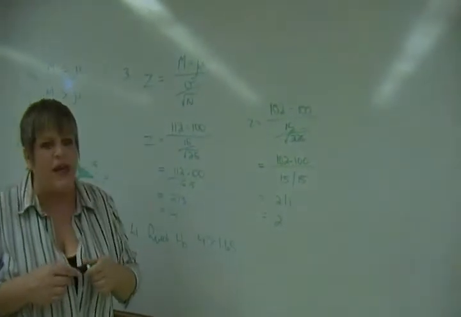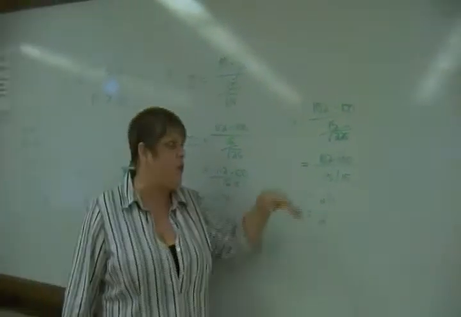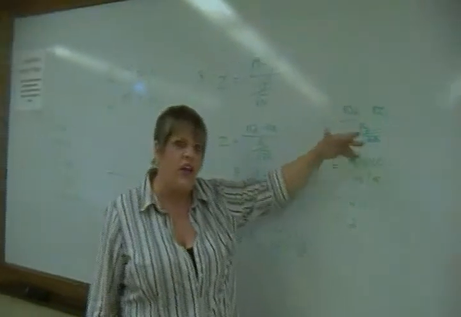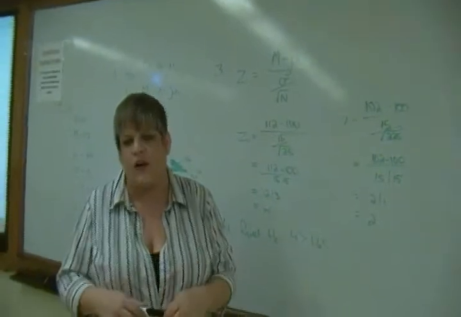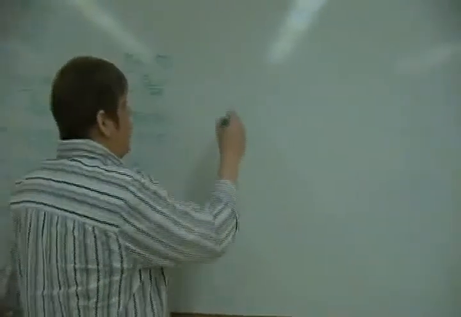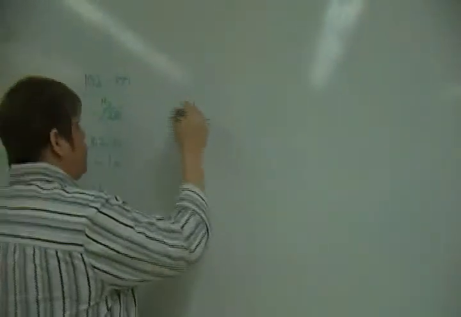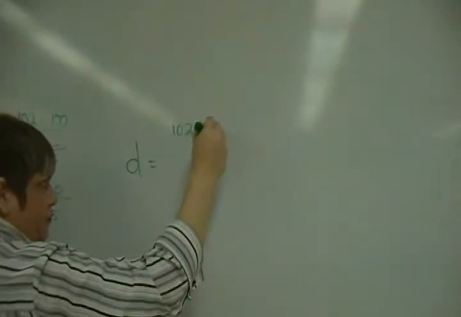So now the APA requires, whenever we do a statistical test in which n is part of the formula, we have to follow that up with what is called an effect size statistic, okay? In an effect size statistic, we basically make a comparison between the two means, 102 and 100.